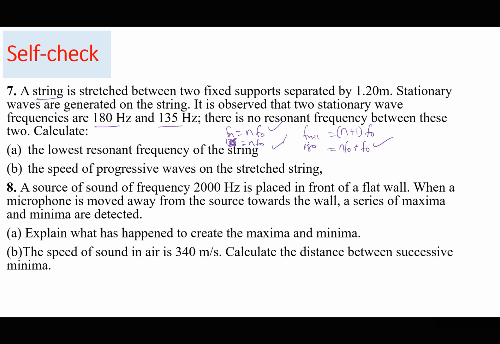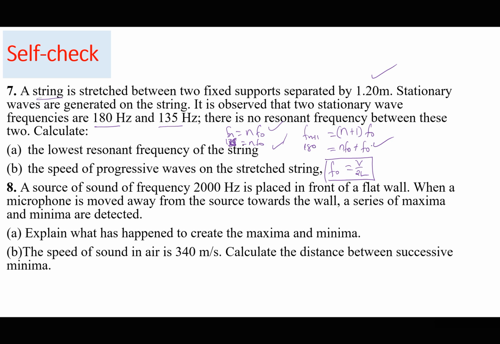We did an example of that. Then the speed of the progressive wave on the stretched string: F naught is V over 2L for a stretched string. If I know the length is 1.2, I will just substitute. This is the last question I'm solving, I think.